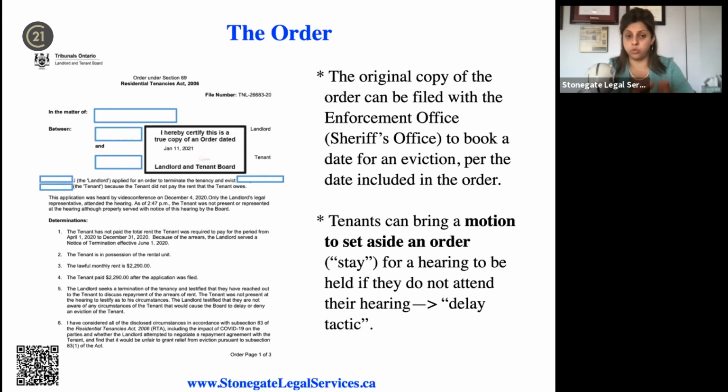Basically, what they're doing is putting a hold or a stay on an order within 10 days from the date that the order was issued from the board, so that another hearing can be held and they can explain why they feel they should not be evicted. Again, this is another delay tactic. This will buy the tenant probably another 4 to 8 weeks.